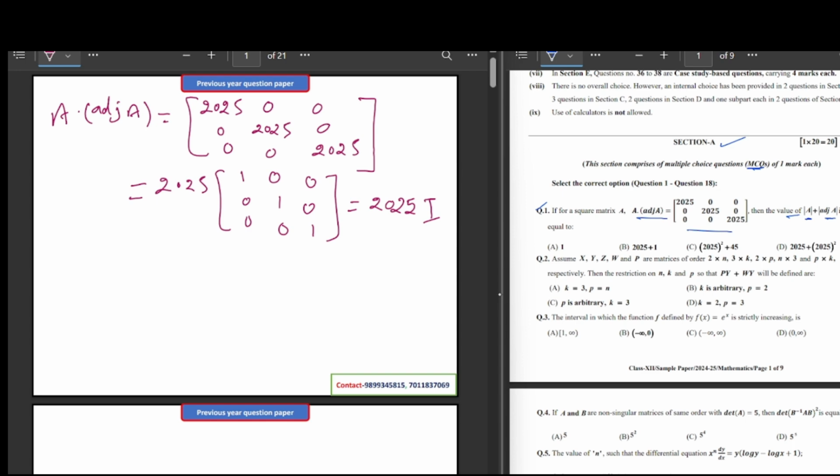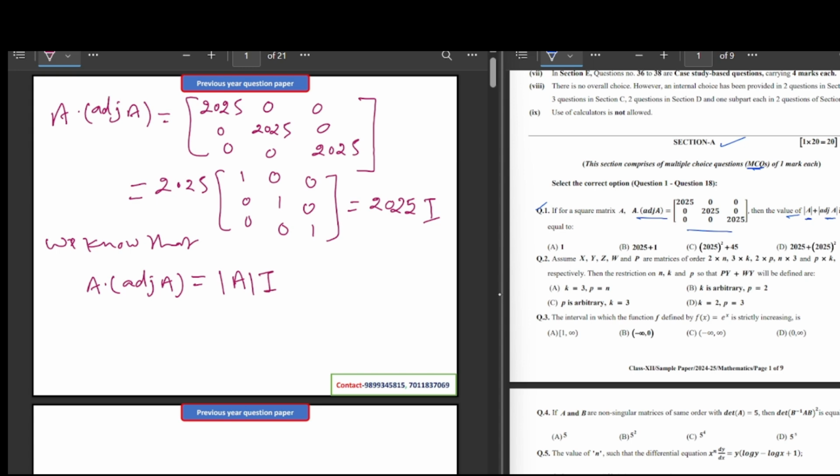After that we know that A times adjoint A is equal to determinant of A times the identity matrix.